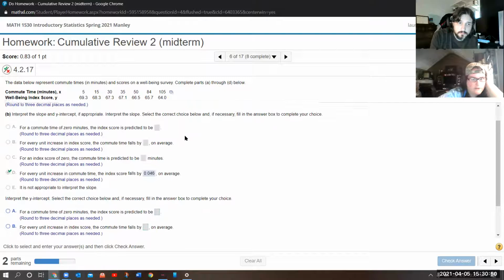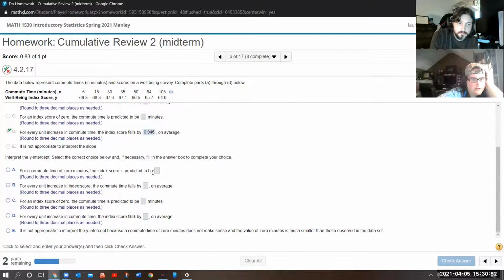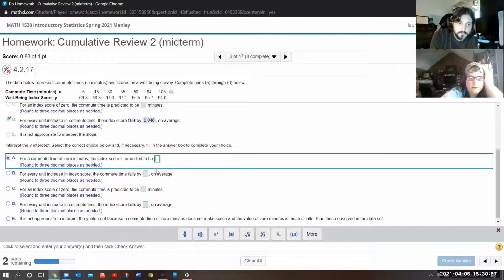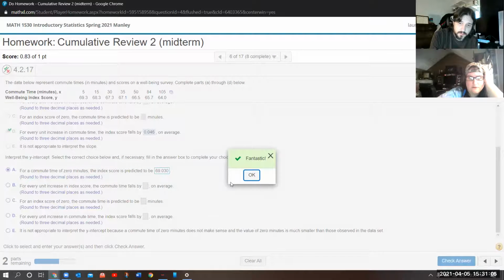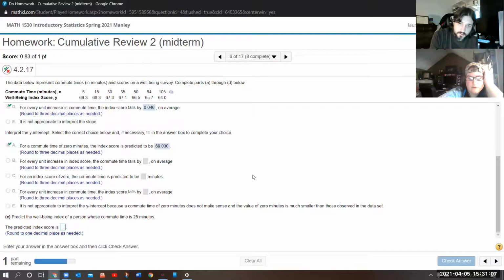69.030. Yeah, when interpreting the intercept, you're assuming that x is 0. Sometimes, though, it makes no sense for x to be 0. And in this case, we're talking about a commute time in minutes. So in what context would a commute time in minutes be 0 and make sense?